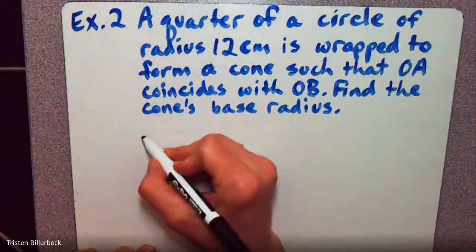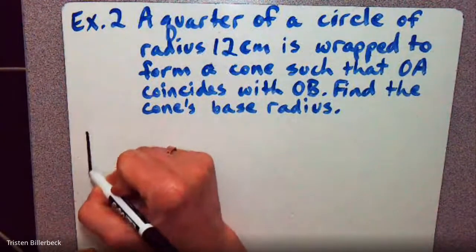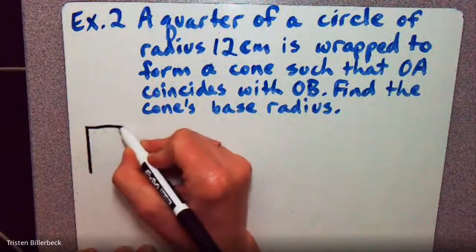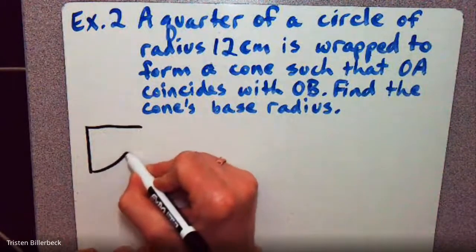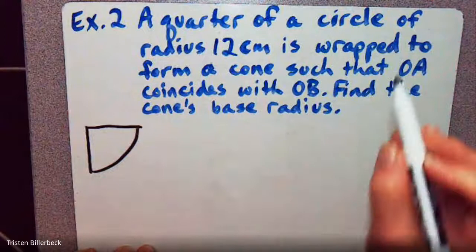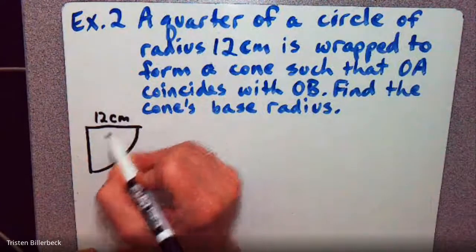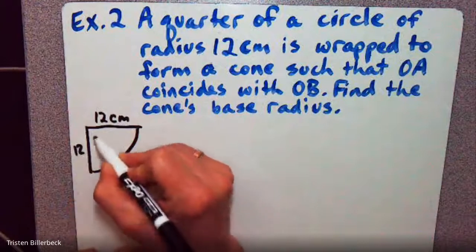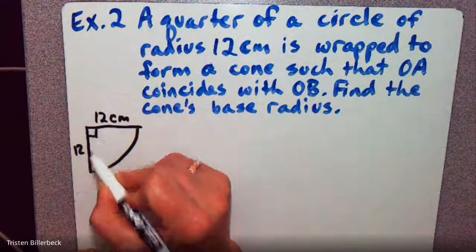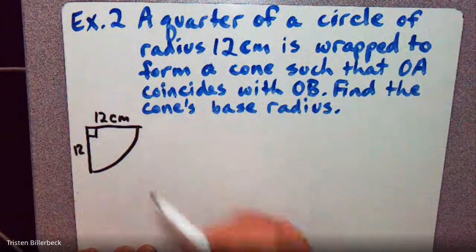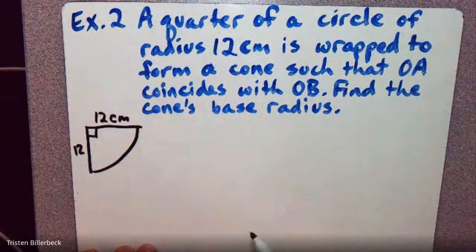So this is a quarter of a circle. Okay, so we have this quarter of a circle, and it says the radius is 12 centimeters. And it's a quarter, so this happens to be a right angle. Okay, not that that makes much difference in this case.